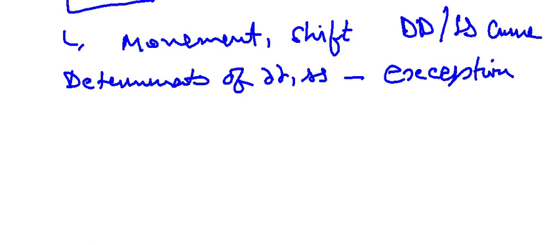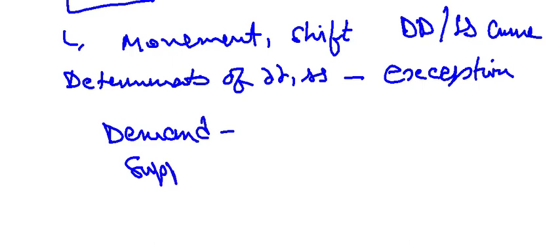Then we have to study the meaning of demand and supply, the concept of demand, types of demand. That means you have to study demand in detail. You have to study a lot of things here. These are the two words, the concept of demand, types of demand, and the concept of supply, to be explained with examples.